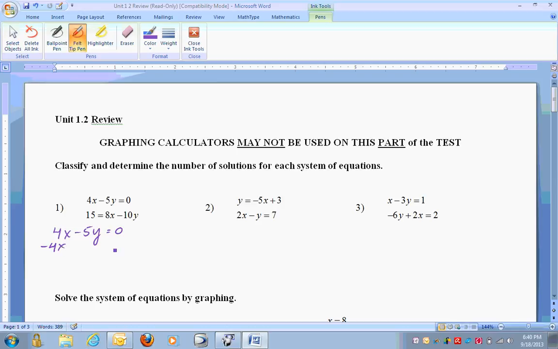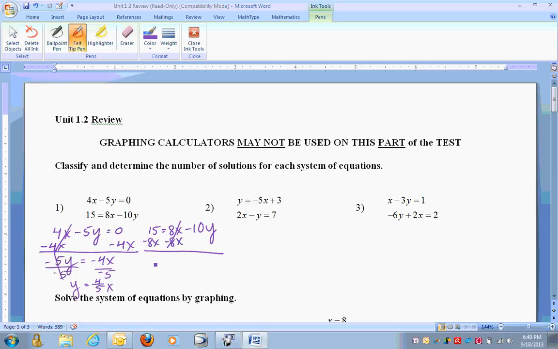So I subtract 4x, and I get negative 5y equals negative 4x, and then I divide by negative 5. So my first equation is equivalent to y equals 4 over 5x. Okay, my second equation, I can solve for y by subtracting 8x from both sides first.